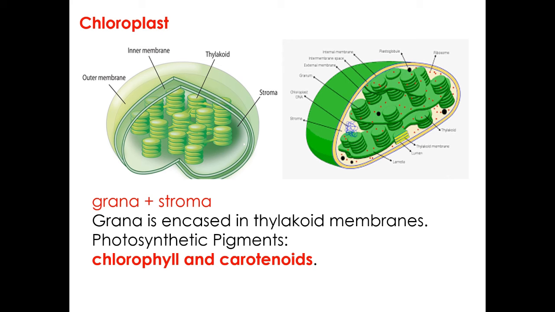The grana are encased in thylakoid membranes. And as I mentioned before, the chloroplast contains photosynthetic pigments, which are chlorophyll and carotenoids.